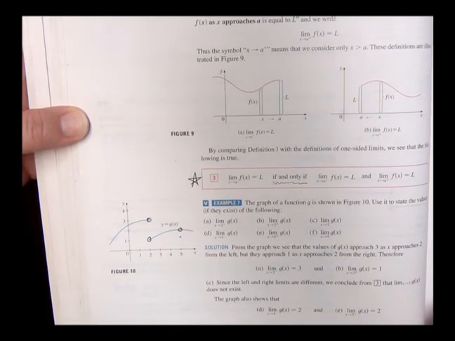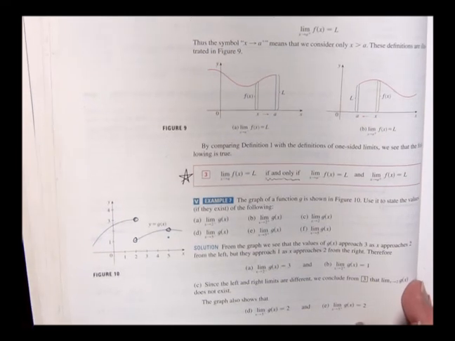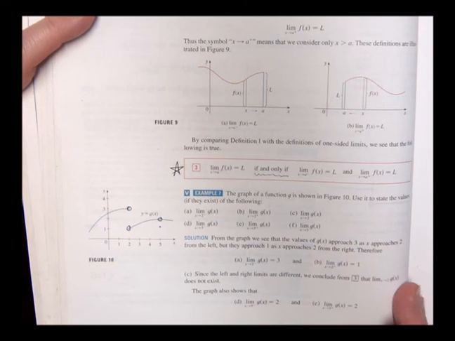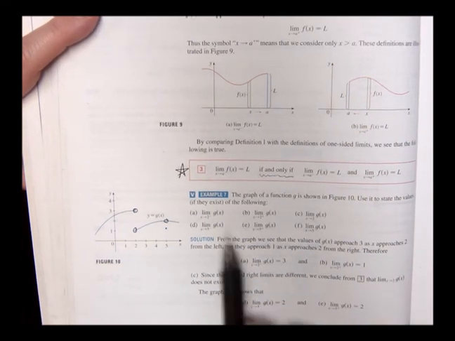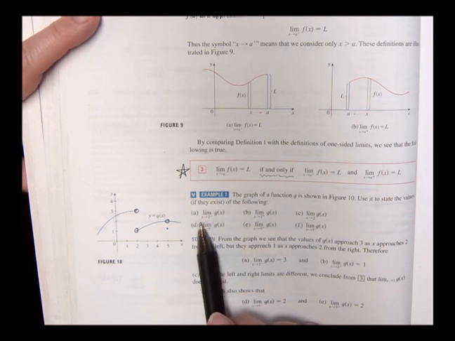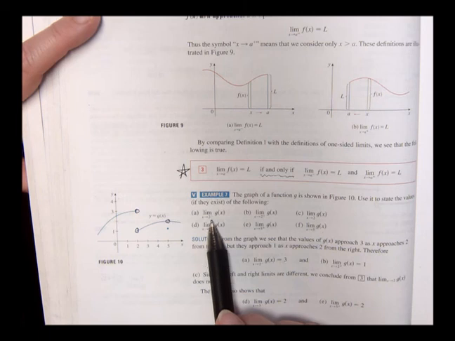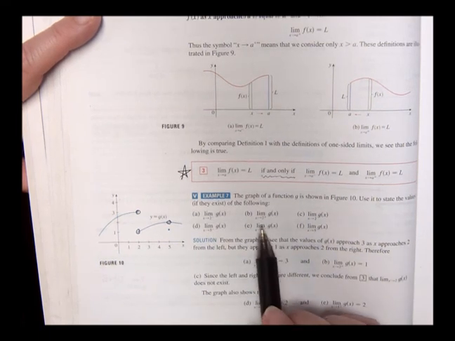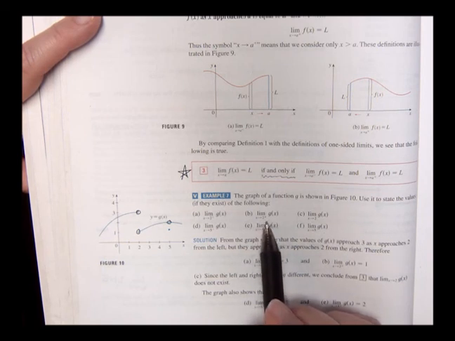Okay. So let's take a look at what the limits would be. We want to look at the limit as x approaches 2 from the left of g of x, and then the limit as x approaches 2 from the right of g of x.